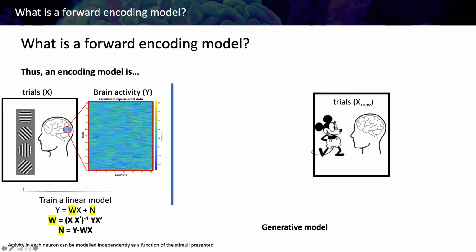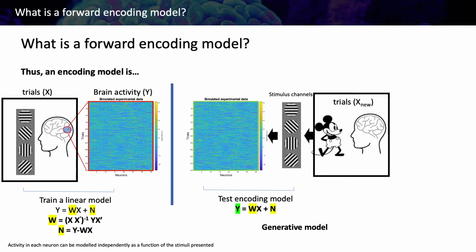In this case, imagine that you are presenting a Mickey Mouse cartoon, and then you can decompose this Mickey Mouse cartoon into smaller features, because as you can imagine, each image can be decomposed into a sum of different smaller features like gratings, and then, based on the model that you calculated previously, you can estimate what the neural activity evoked by this stimulus will be.